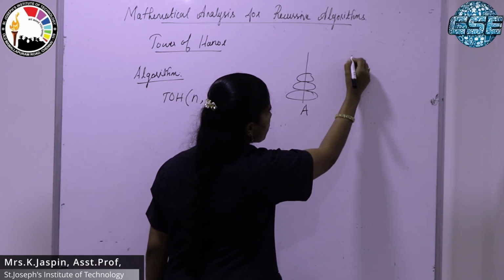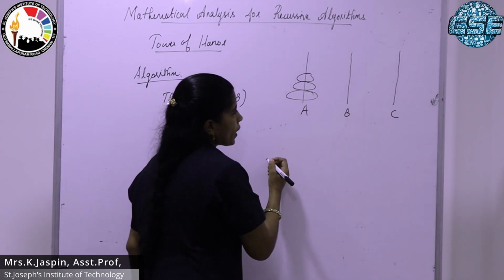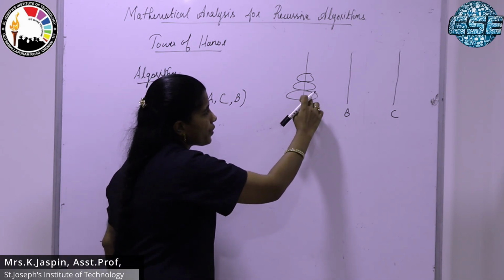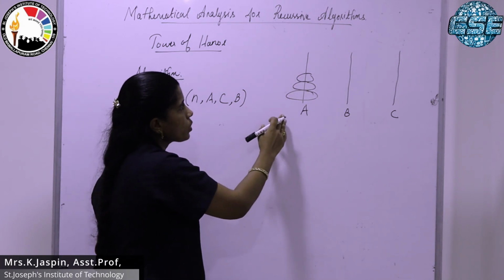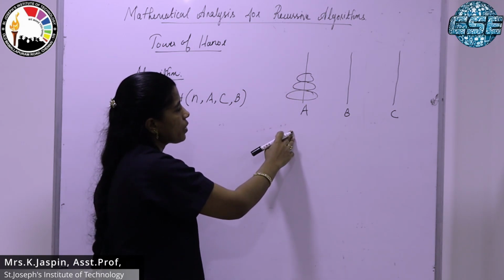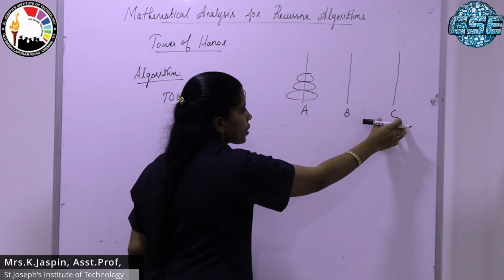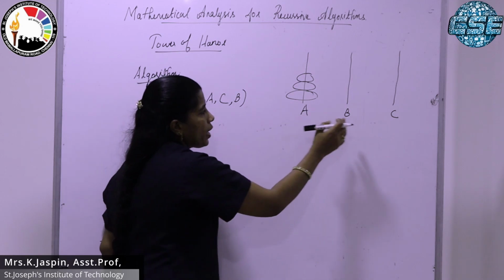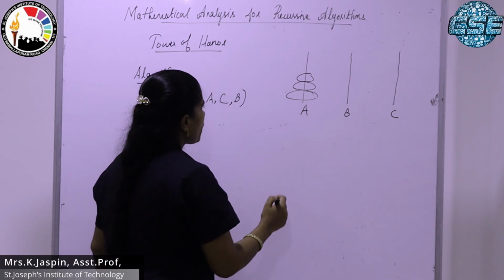The pillars are named A, B and C. Initially we consider 3 disks in this order. The outcome of this Tower of Hanoi problem is that we need to move all the disks in the same order to the destination. Here the source pillar is named A and the destination pillar is C.